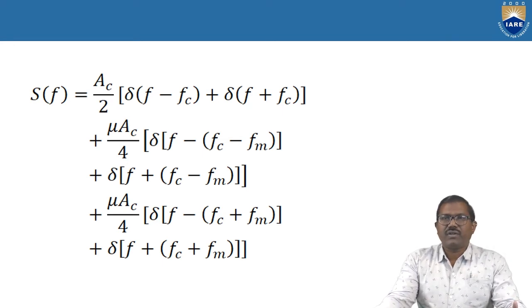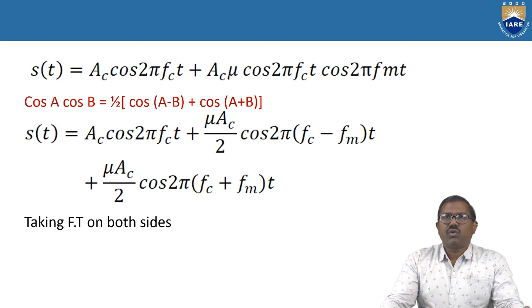Here again you can see the previous equation. S of t is equal to Ac cos 2 pi fct. Here we are applying the Fourier transform for cos 2 pi fct.